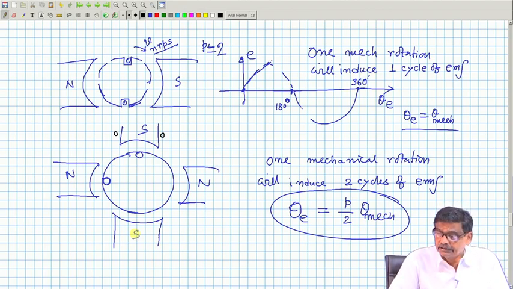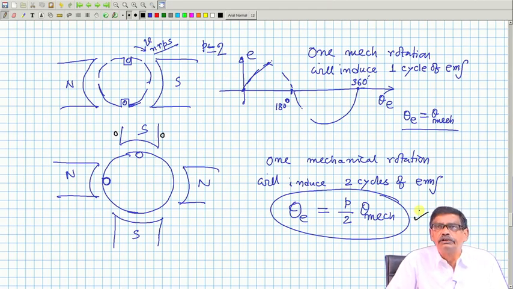The important thing I mentioned about this equation is that each coil has 2 coil sides, and if at any point of time this rotor rotates, if one coil side of a coil is under the center of the north pole, the other coil side must be under the center of the south pole, so as to maximize the induced EMF.